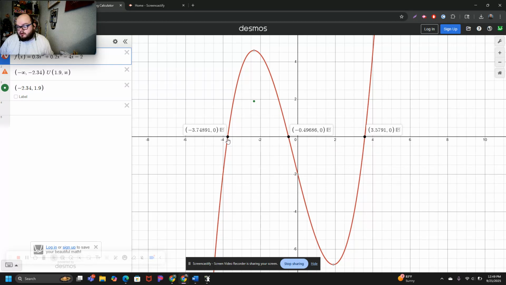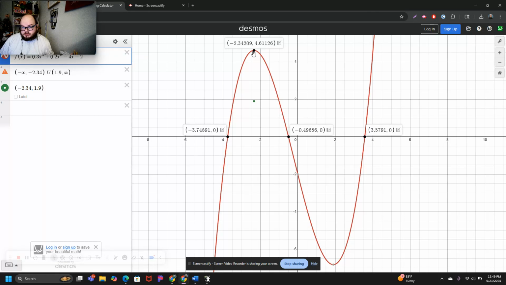Where it's below 0, that'd be what? Negative infinity to this value, negative 0.49235. And then the set of values where it goes above would be what? 3.75 to negative 0.49. And then what? 3.58 to infinity. Okay.